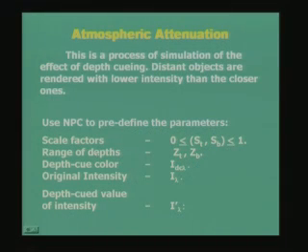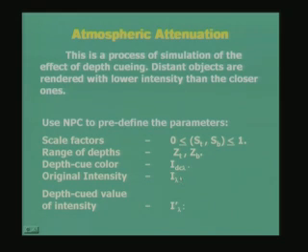So that is what is considered here. ZT and ZB could be the range of depths which will dictate the scale factors ST and SB respectively, which should also always be in the range 0 to 1. We have a depth queue color IDC lambda, which is the color based on depth, and the original intensity of the source I lambda.